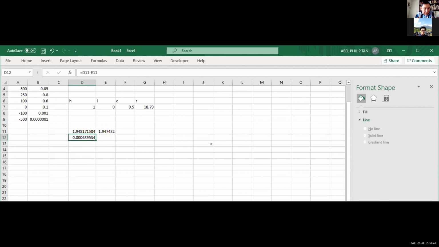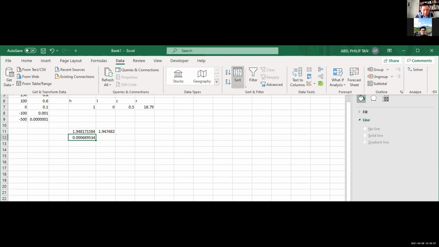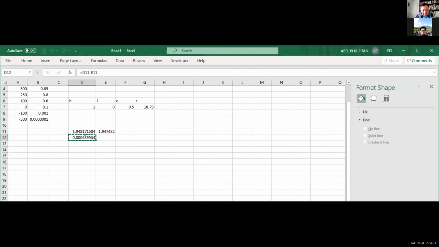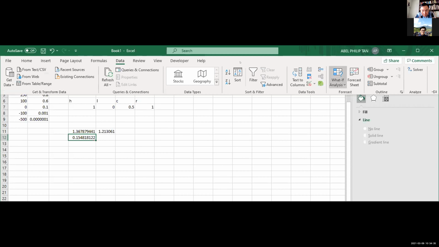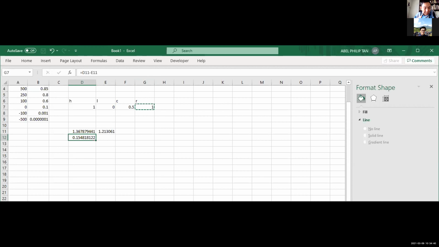And then you go to Data, What-If, Goal Seek. We want to set this value to 0. You can set R to 1 first at the beginning so that you can see how it changes. So we're changing the R cell, right? Because at this point you don't know what R is, right?